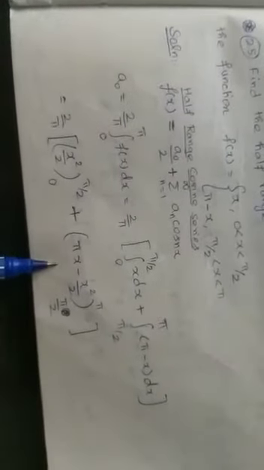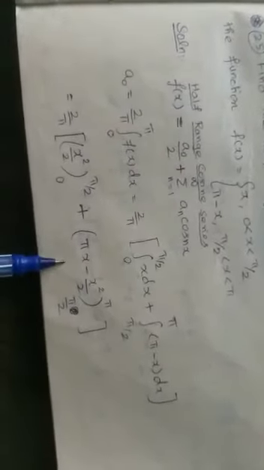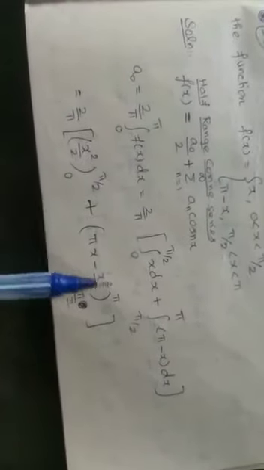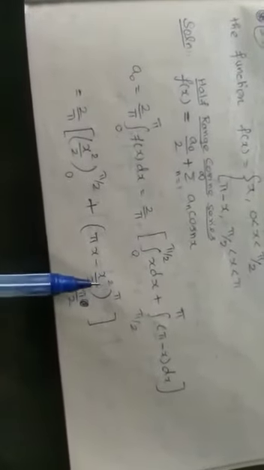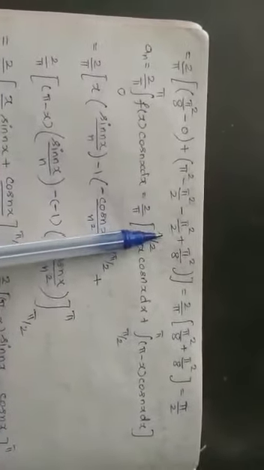What is the lower limit? Pi by 2. So pi into pi by 2 gives pi square by 2, minus x square by 2, where instead of x you substitute pi by 2, so pi square divided by 4 divided by 2. So you get pi square minus pi square by 2 minus pi square by 2 plus pi square by 8.